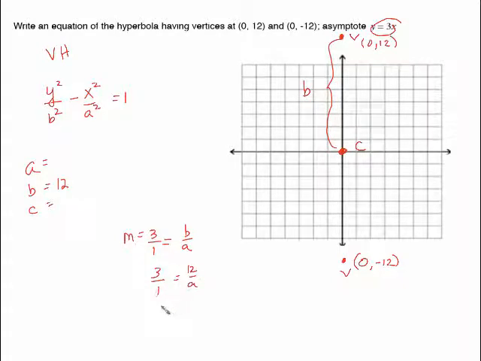Cross multiply, you have 12 equals 3a, therefore a is 4. And it turns out I don't need c. I need to be able to find a or b to go into these positions right here. So that will be y squared over b squared, which is 144, minus x squared over a squared, which is 16, equals 1.